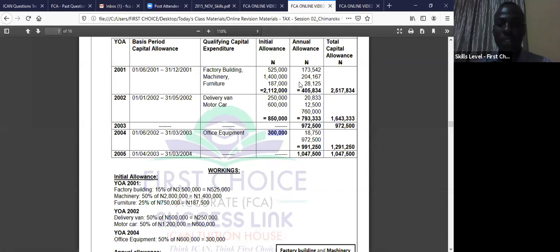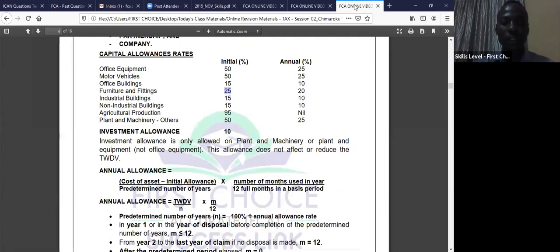So let's go for annual allowance. Let me use this place to give an example. Now, look at the formula for annual allowance.